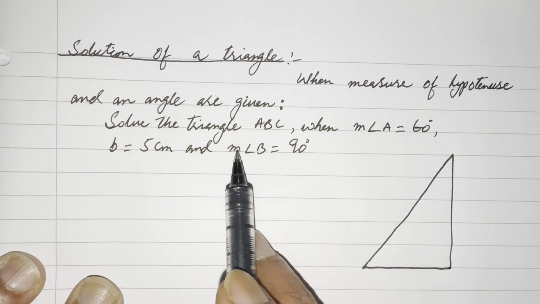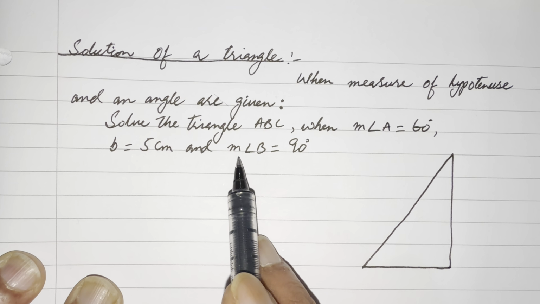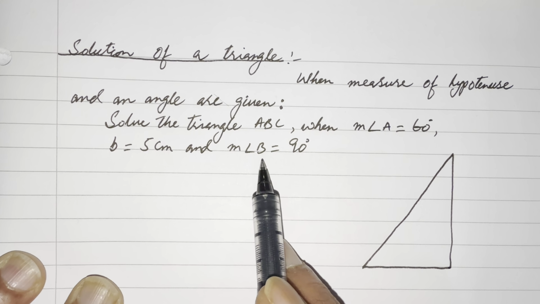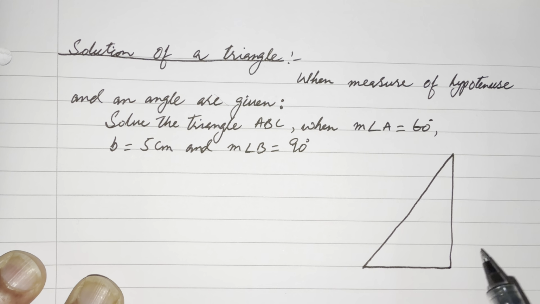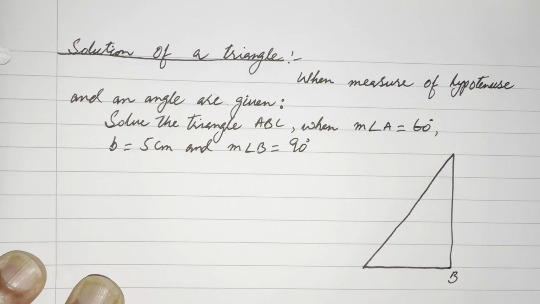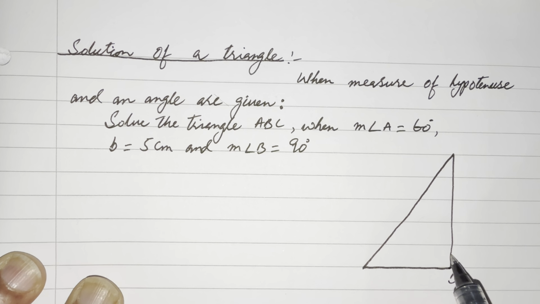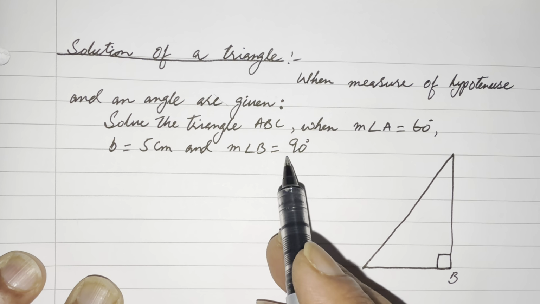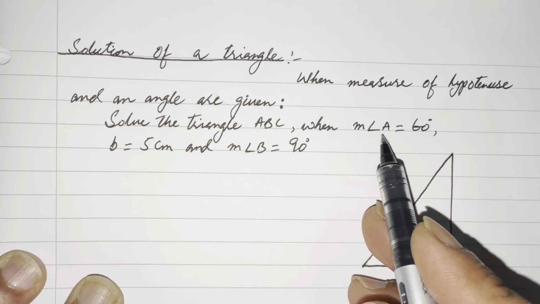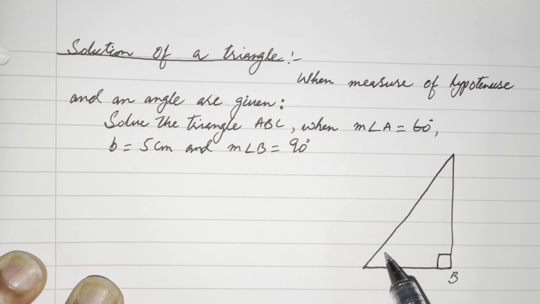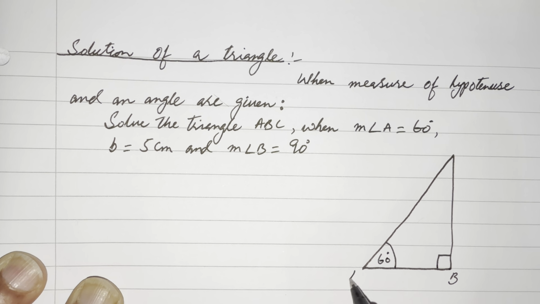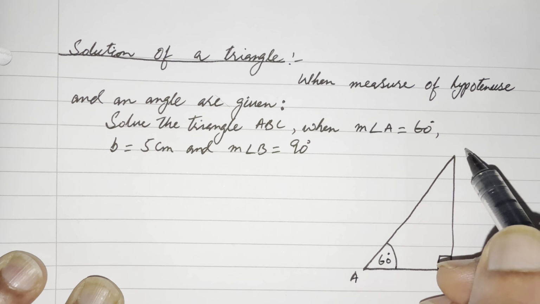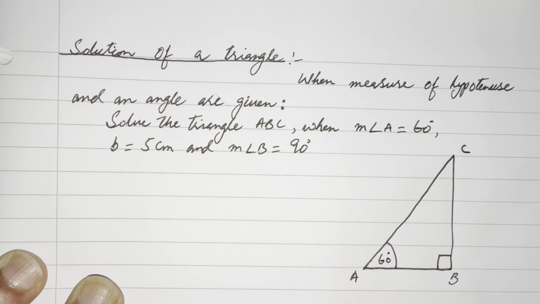As in the statement, the given measure of angle B is a right angle, so that point will be the angle point B where the 90 degree angle is. So B is equal to 90 degrees, and the measure of angle A, you can say this angle is 60 degrees, which is at point A, and that will be the point C. So that's the right angle triangle ABC.